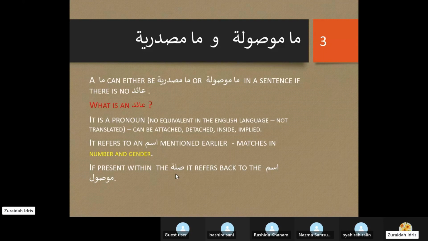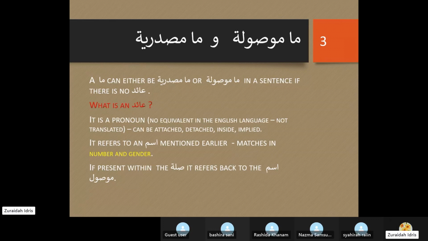So if it's in the sila, it will refer back to the isim mausul. Together, the isim mausul and the sila are a complex isim that represents a single isim.